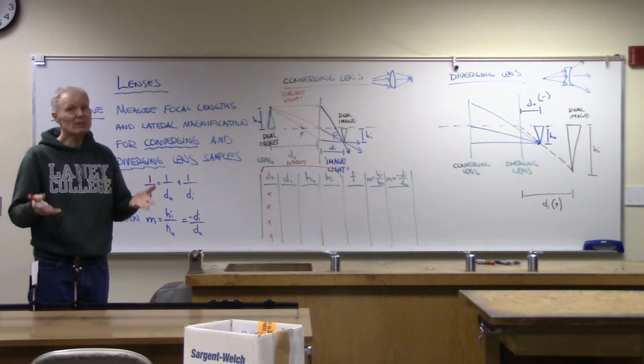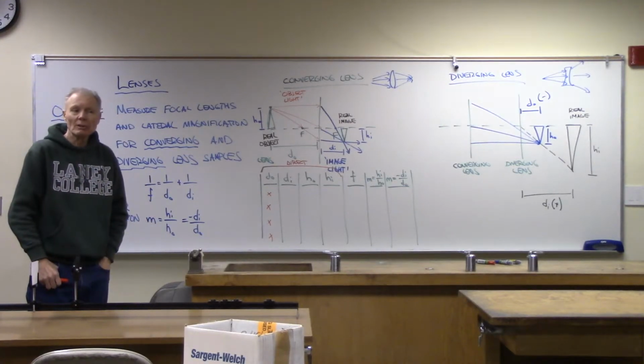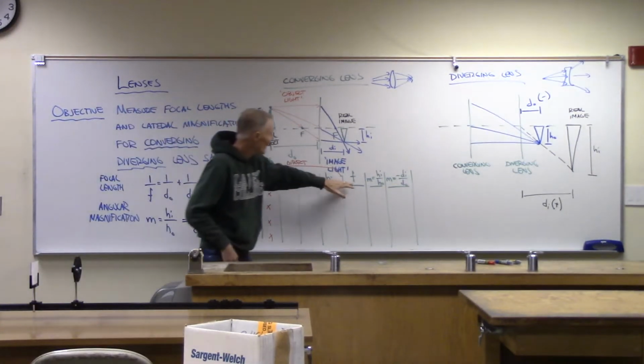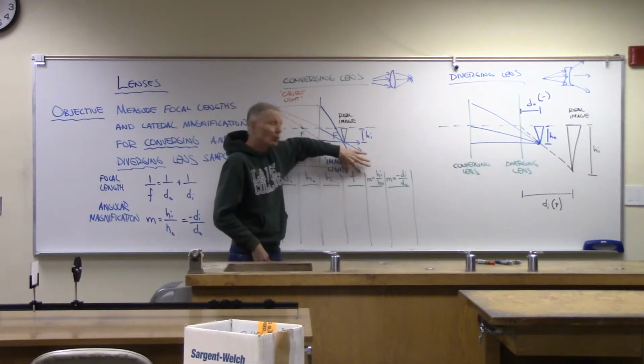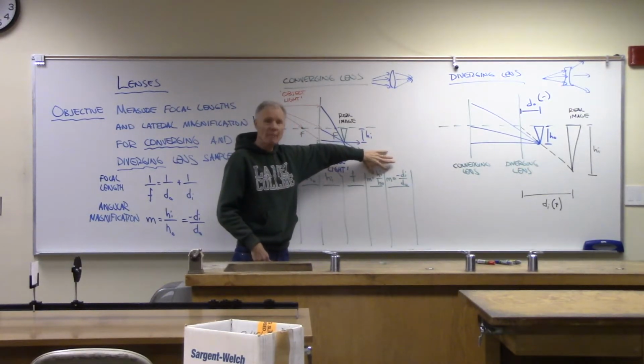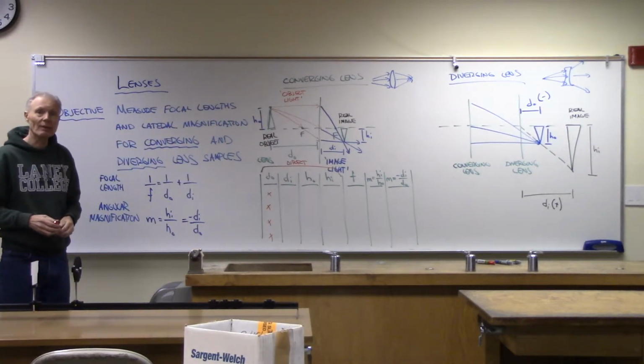Once I have DO, DI, HO, HI measured accurately, that's going to be enough to carry out the calculations for focal length and the calculations for lateral magnification. So those last three columns are going to be calculated values.